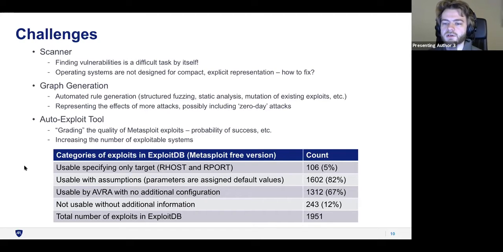One of the reasons this is hard is because operating systems are not designed for compact, explicit, automated representation. If you think about the amount of metadata on your computer about the operating system itself, short of scanning kernel structures, it's actually pretty little.